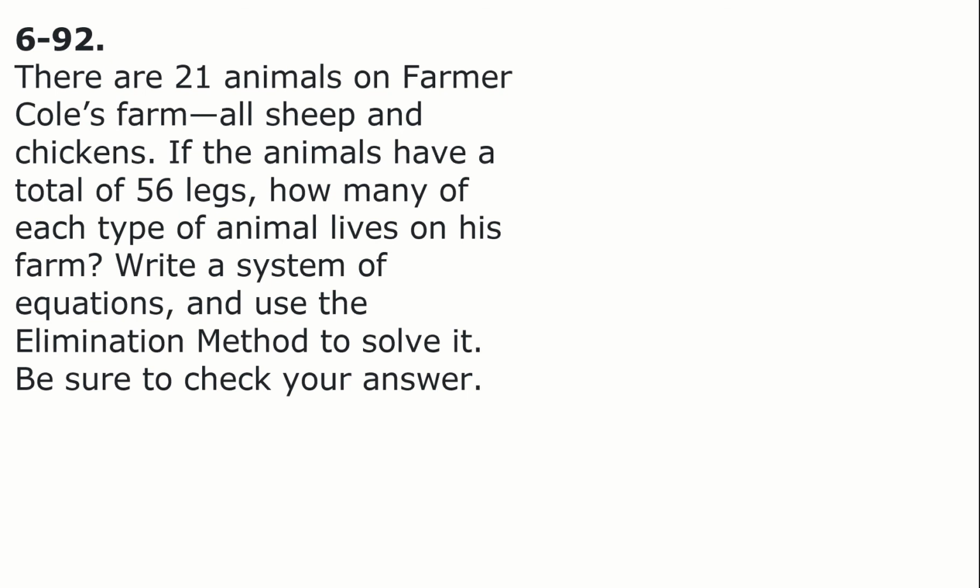They have all 4 of their legs, and all of the chickens have not had any legs removed, or they're not strange mutant chickens that have 4 legs plus 2 wings, right? So if the animals have a total of 56 legs, how many of each type of animal lives on his farm? Write a system of equations and use elimination to solve it.